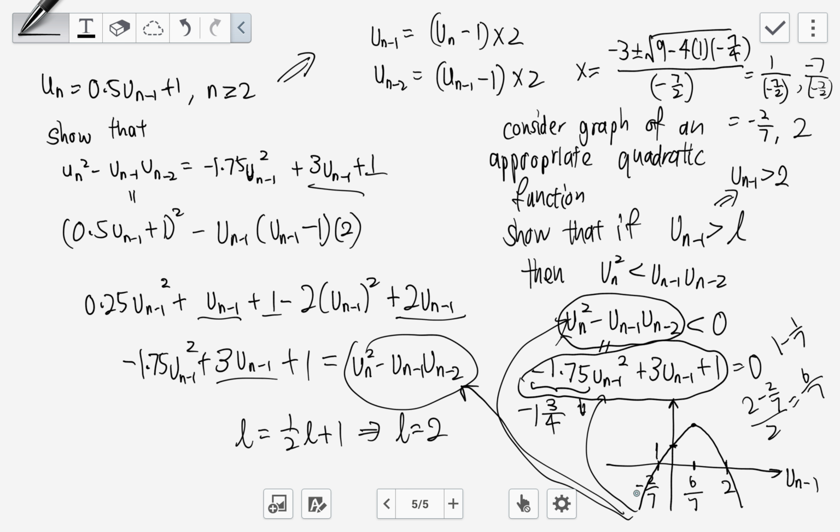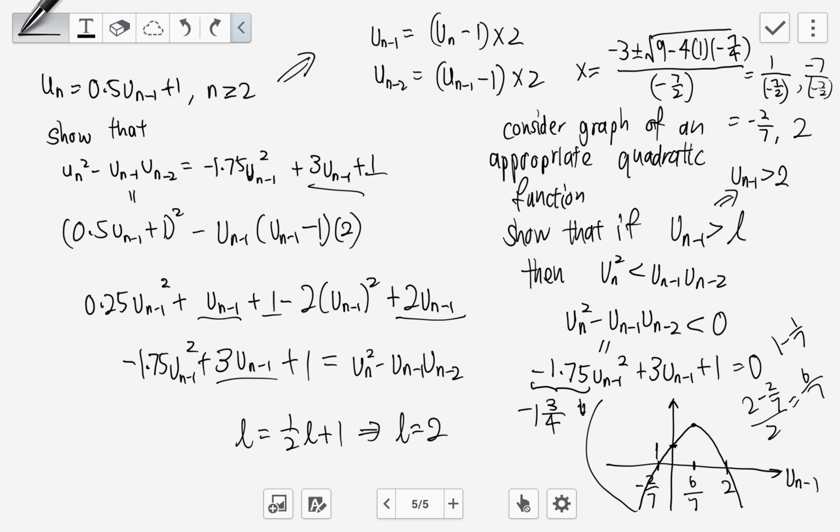I'll label this graph as y equals u_n square minus u_n minus 1 minus 2, isn't it? Because we are drawing this graph and this graph is equal to this graph.